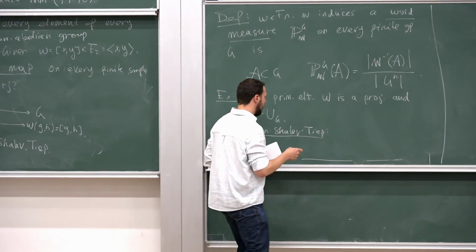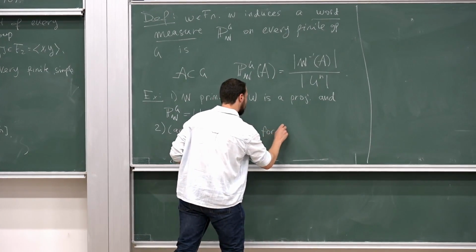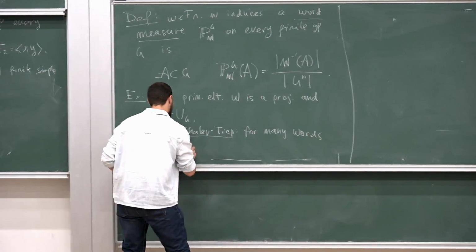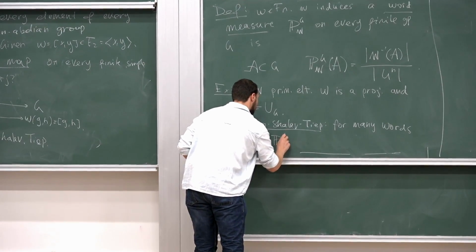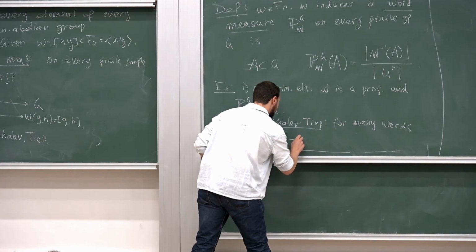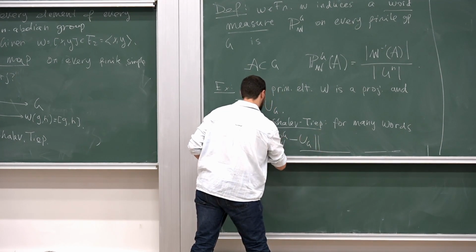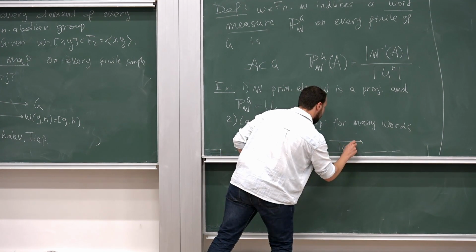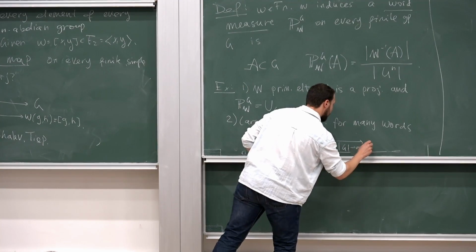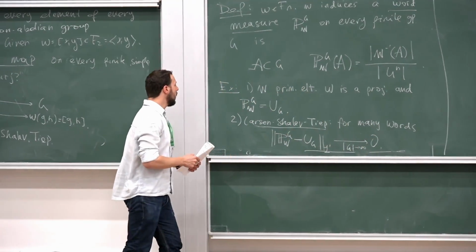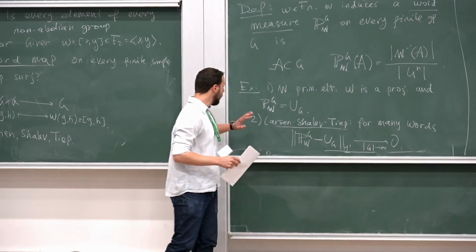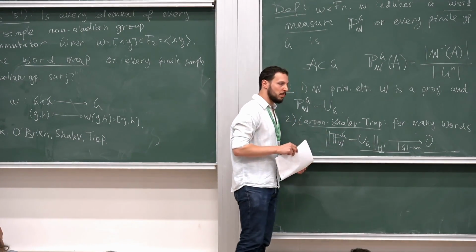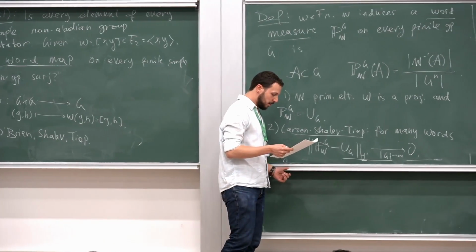And what they proved is, I won't go into detail, but for many words, the word measures that they induce on finite simple groups tend to uniform in the L1 norm as the size of the finite group goes to infinity. So I hope that with this you're convinced that telling words apart by the measures that they induce on finite groups is a difficult problem.